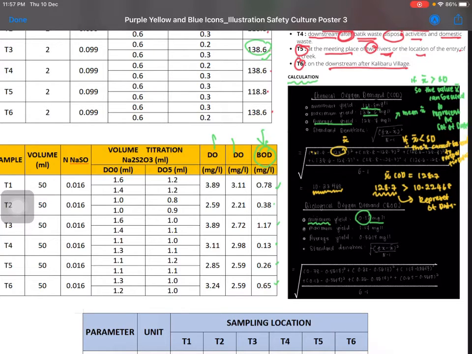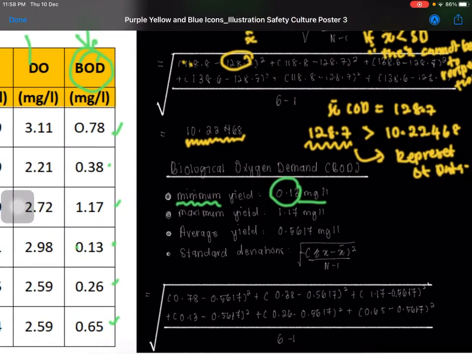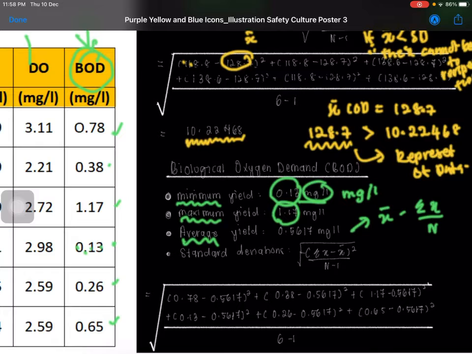So BOD, as I calculated here, you can see the smallest value is 0.13. The maximum yield is 1.17 milligram per liter. This is the unit, milligram per liter. Okay, to calculate the average yield, we know it's actually the mean. The mean uses the formula sum of x over n. So you can get the value of the average yield.